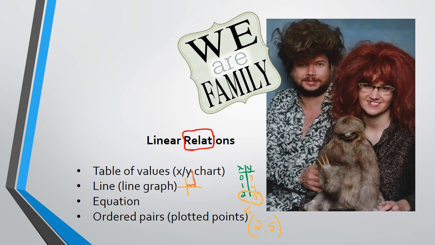That point right there. And if you did another one, let's do 1 and 4, right there, maybe, I don't know, or there. That can be shown with a line.